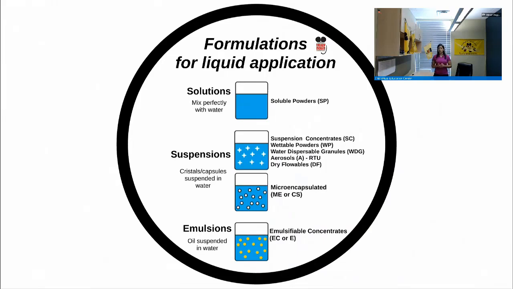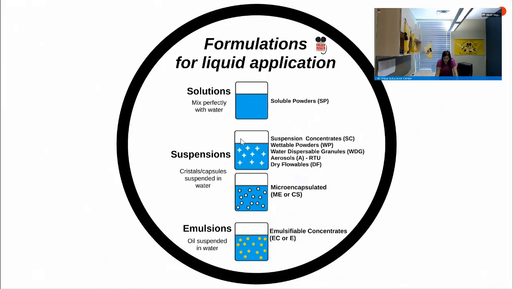When I'm going to do the mix, I always advise to put a little bit of water first, then you add the pesticide, and then you fill up to the volume you need with the rest of the water and agitate.